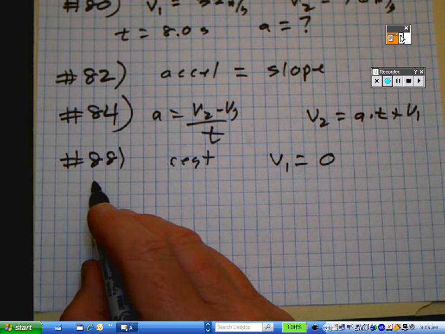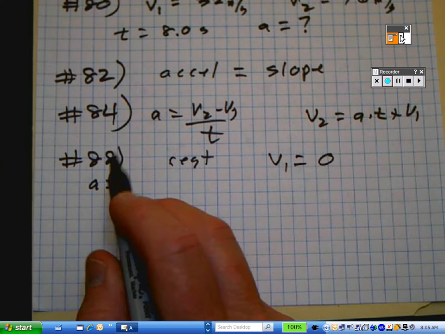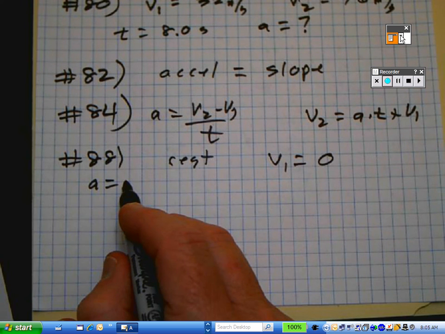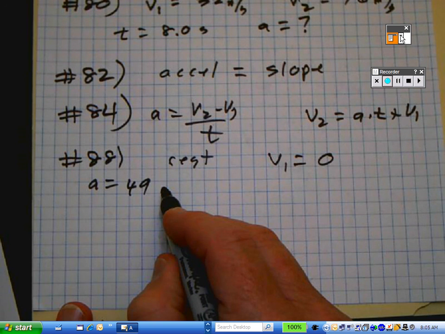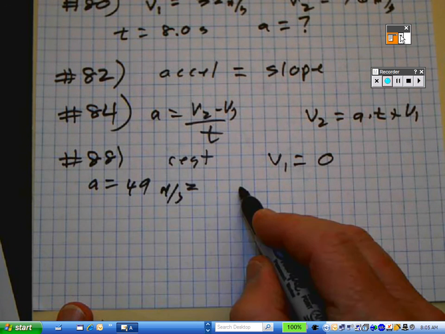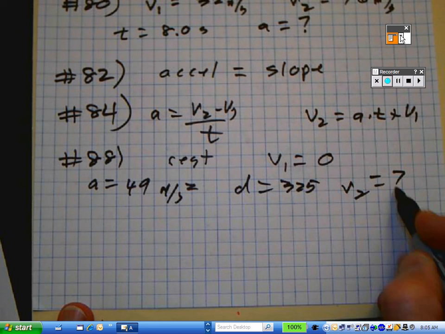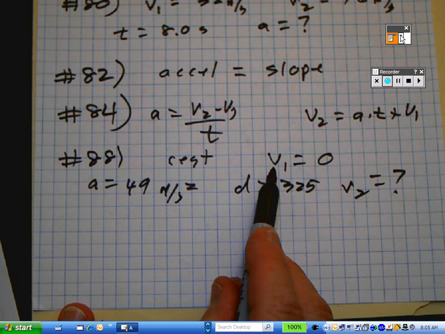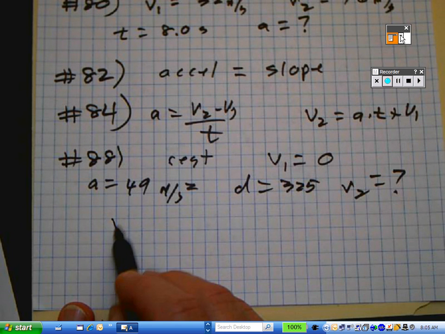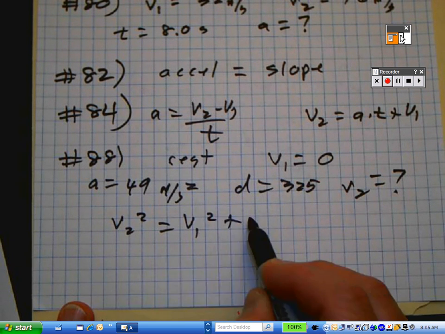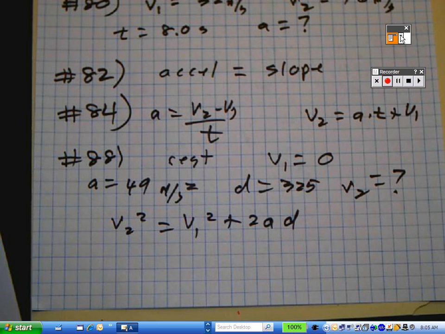Then if you write the other knowns as acceleration equals 49 meters per second squared, the displacement is 325, V2 equals question mark. Then you find the one formula that has those four, which would be V2 squared equals V1 squared plus 2ad, and that should give you the solution to number 88.